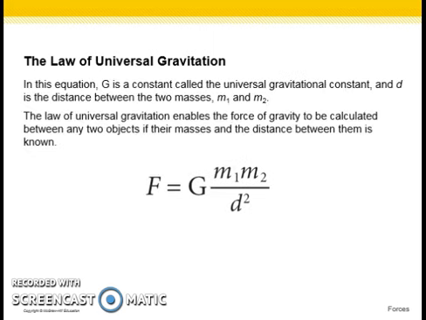In this equation, G is a constant called the universal gravitational constant, and d is the distance between the two masses, mass 1 and mass 2. The law of universal gravitation enables the force of gravity to be calculated between any two objects if their masses and the distance between them are known.